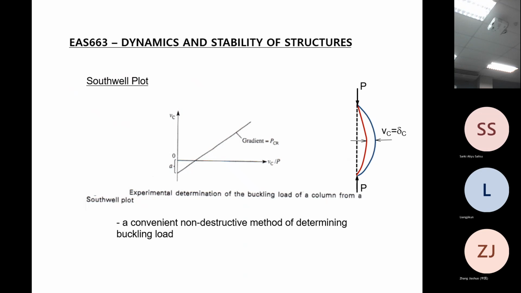So we increase the load, we measure the VC, we increase the load again, we measure the VC, then we plot this graph here. So we have many points experimentally, then we try to fit a straight line through the points. And from the slope of this graph, we get an approximation of the buckling load. So this is called the Southwell plot method.